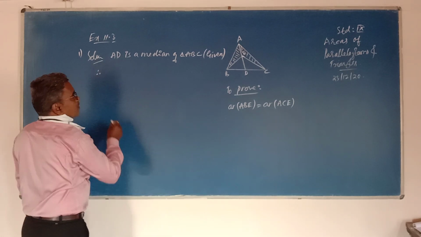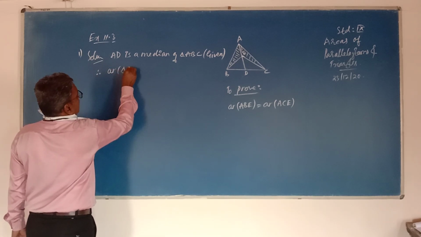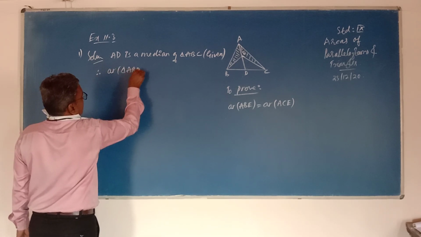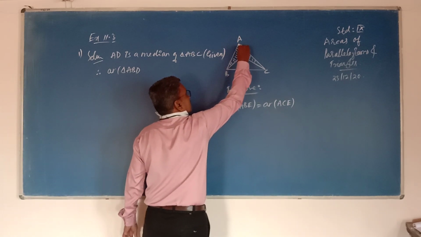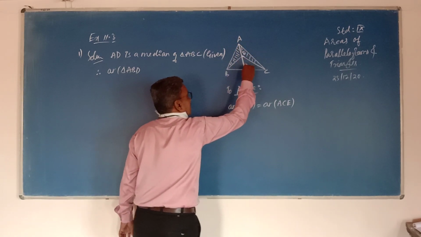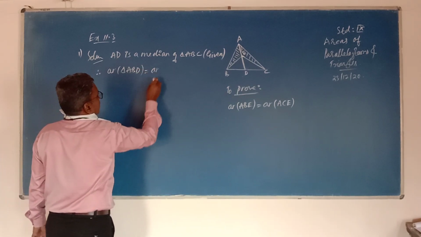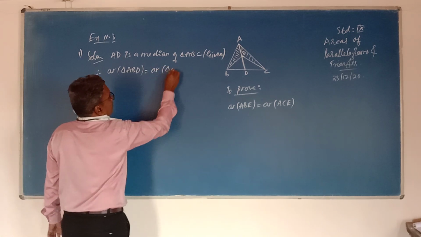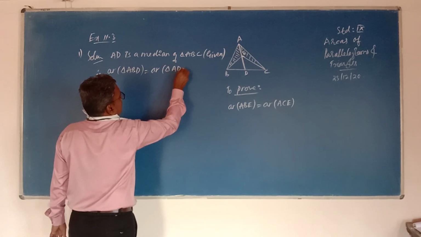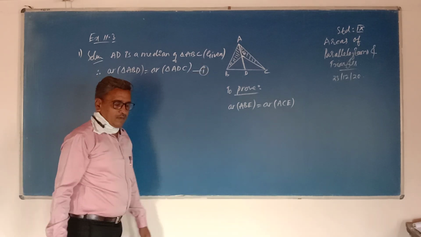Therefore, the area of triangle ABD is equal to the area of triangle ADC. Call this equation number 1.